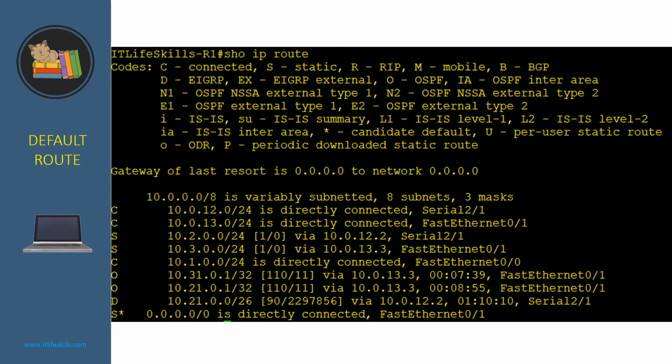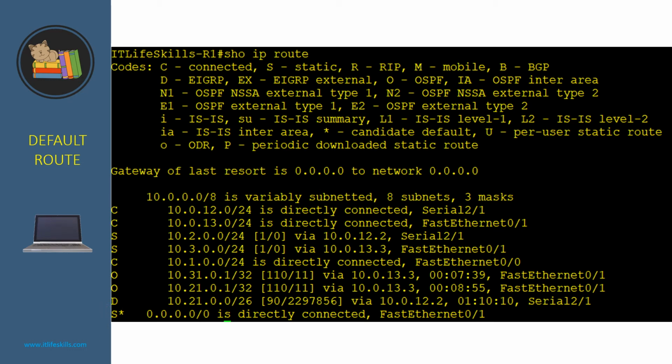The default route is now set on IT Life Skills Router 1. As you can see, the default route is a route to the network 0.0.0.0/0, which covers all the subnets. The default route is always at the bottom of the routing table.